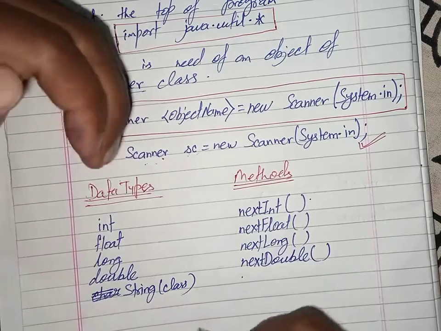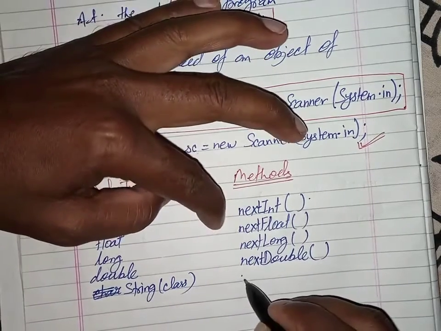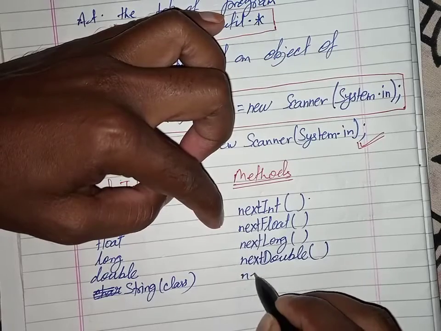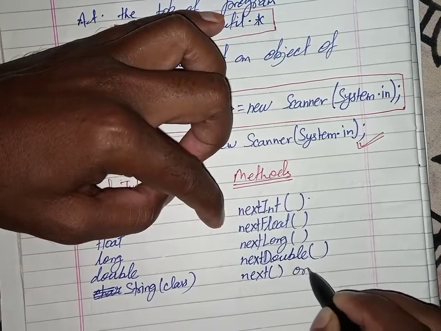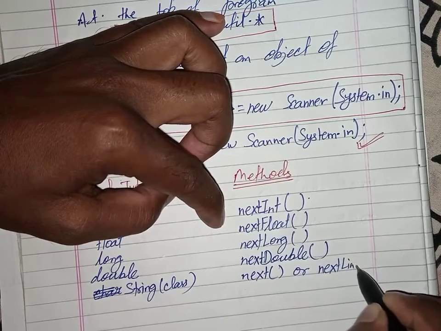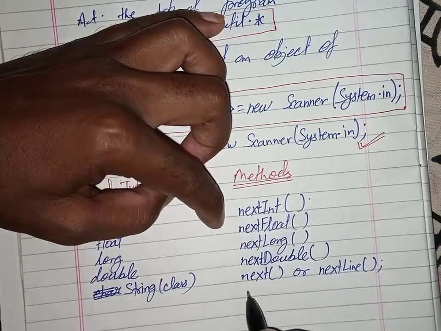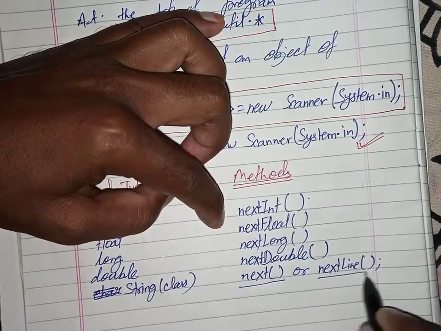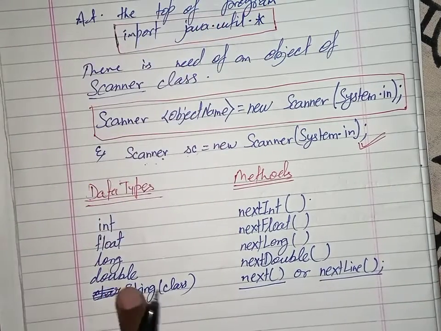If you want to take a string type value, then you can use next method or another method, nextLine. There are two methods, next method or nextLine method. Both you can use for string input.